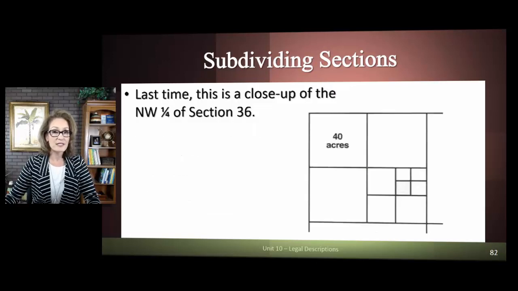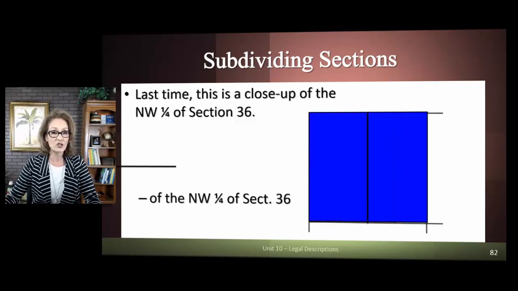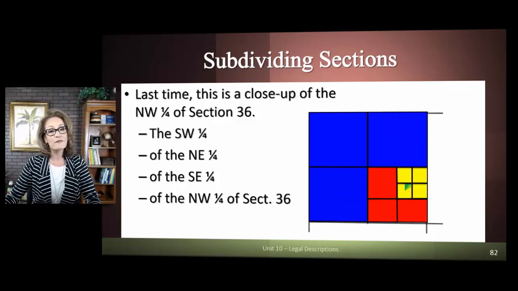Last time, this is a close-up of the northwest quarter of section 36. So we have the northwest quarter of section 36, of the southeast quarter, of the northeast quarter, of the southwest quarter.